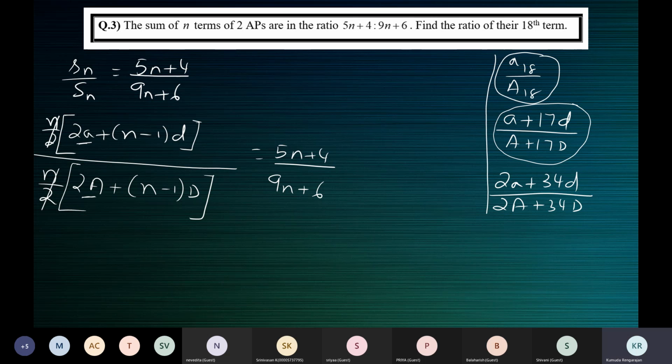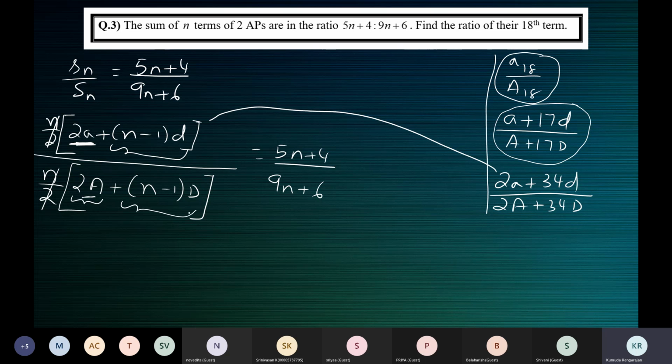Now what is the coefficient of d in the numerator and denominator? 34. Now compare this and this. We have an a term, 2a, and a d term, n minus 1 into d. Here also we have an a term and a d term.